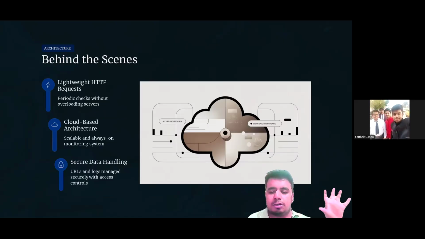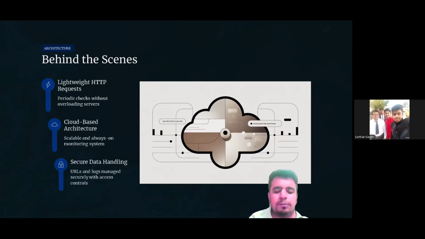This is the structure of the website checking. There's the structure of the SitePulse working in the Power Automate environment. There's the static representation of the Power Automate environment, we can say. Okay. So lightweight HTTP requests, then cloud-based architecture and secure data handling. These are the processes involved in it. Okay.